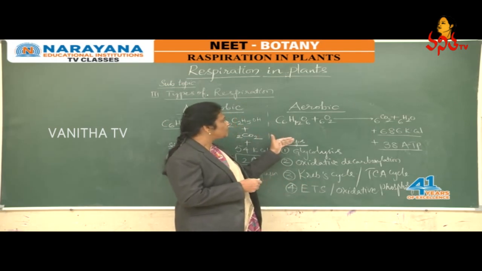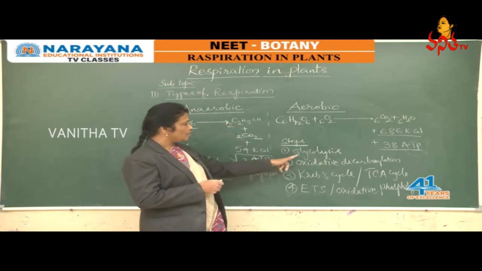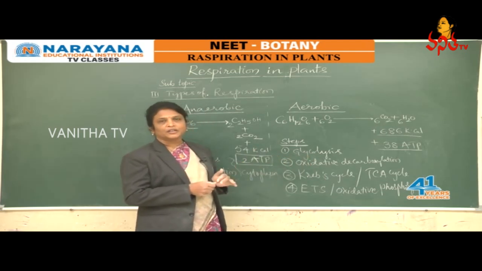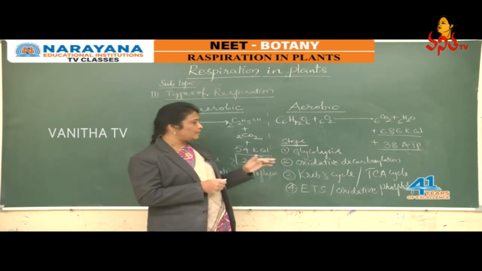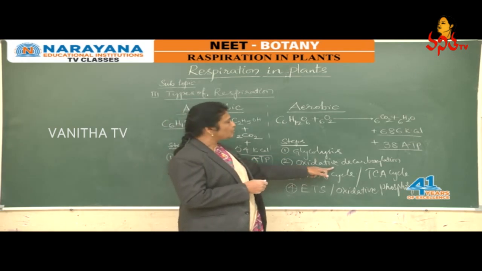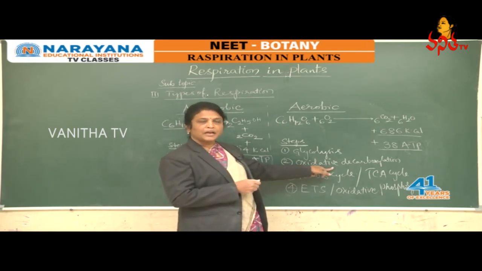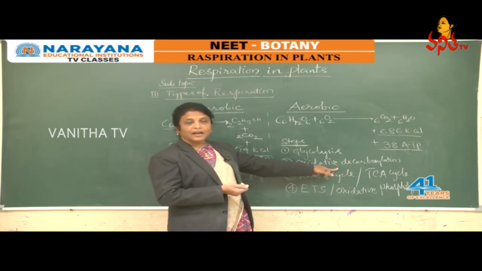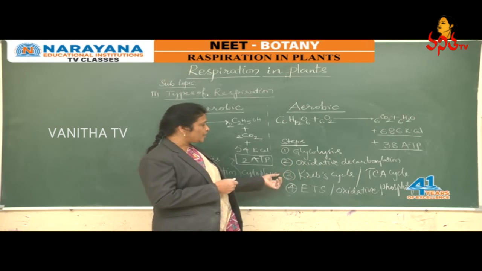The different steps involved in aerobic respiration are glycolysis, the first step, by which the glucose molecule splits into two molecules of pyruvic acid, and the second, oxidative decarboxylation. Pyruvic acid further undergoes oxidation and decarboxylation and converts into acetyl coenzyme A.